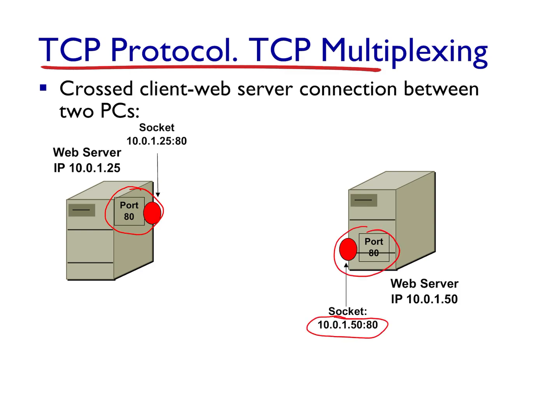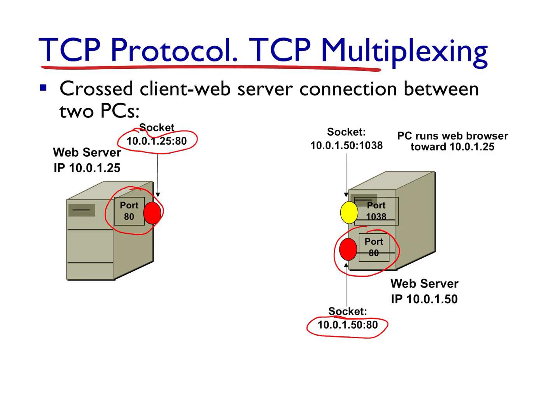We have the sockets in both cases. For example, the machine on the right wants to access the web server on the left by acting as a client, like a regular laptop or PC. Source port 1038, socket, TCP connection. But at the same time, the server on the left will want to do the same.